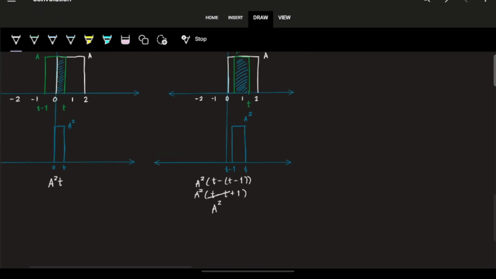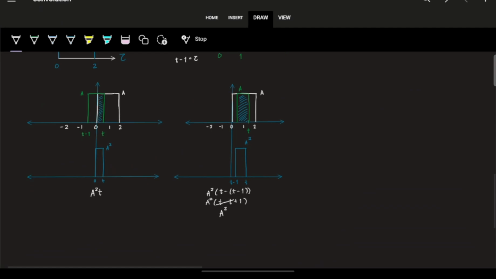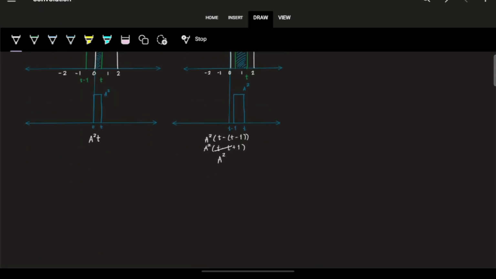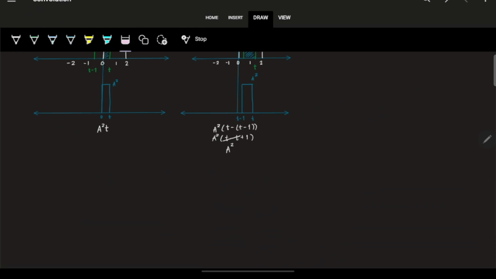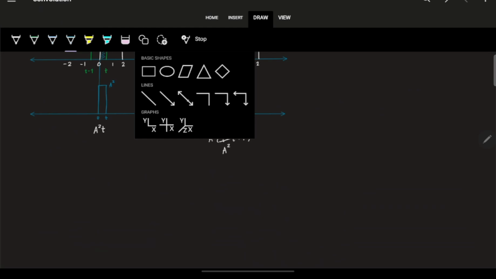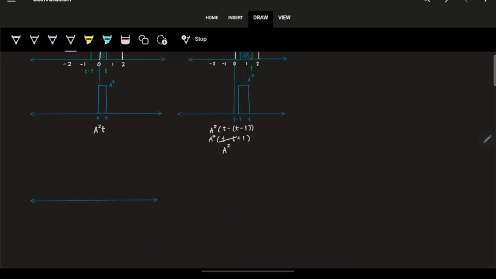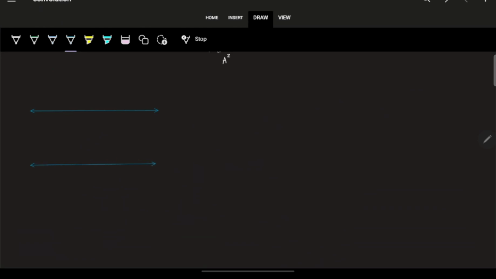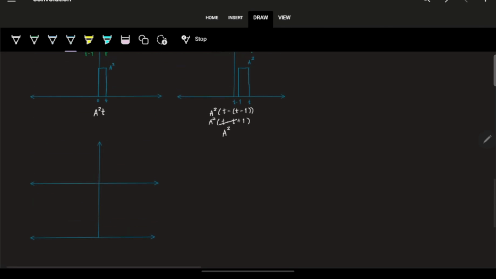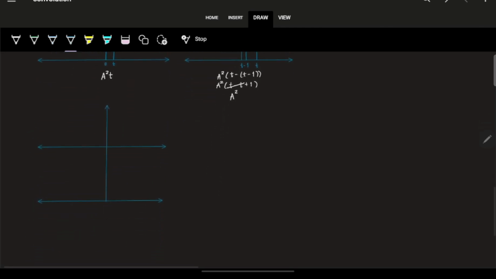Okay, now let's go beyond 2. So yun yung pangatlong i-graph natin. So let's go beyond 2. Okay, so we have here our last part.